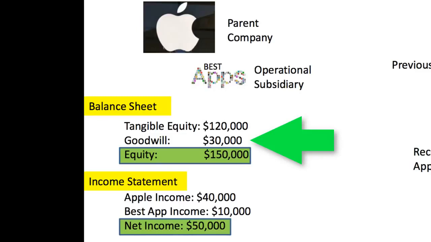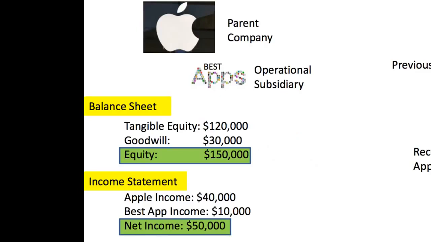Okay? So that might sound really confusing, and how we're allowed to add money that's not really there might be really confusing to people, but what we did is we just valued that company and what its intangible assets were, and we valued the intangible assets at $30,000. So we get to add that to our balance sheet during that acquisition. So our total equity would now be listed as $150,000.